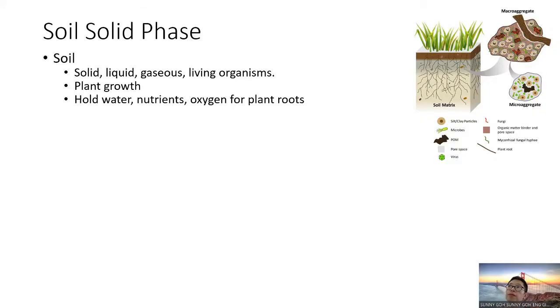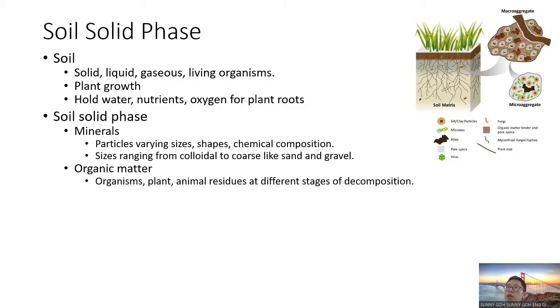Soil solid phase. Soil itself has solid, liquid, gases and living organisms. The plant grows on it. The soil holds water, nutrients and oxygen for plant roots. So soil solid phase can be broadly divided into two parts, the mineral part and also the organic matter part.